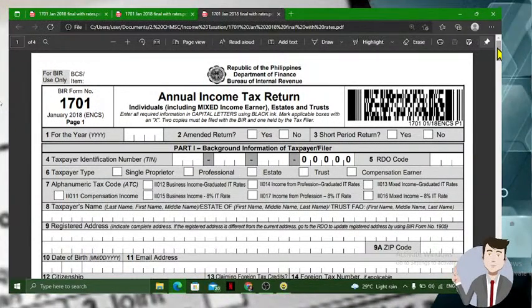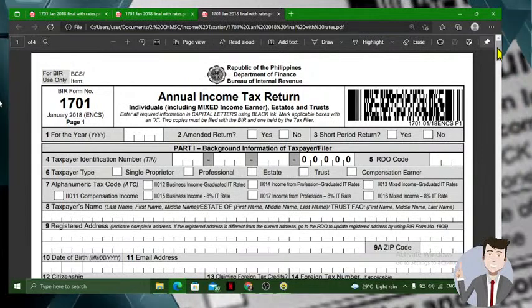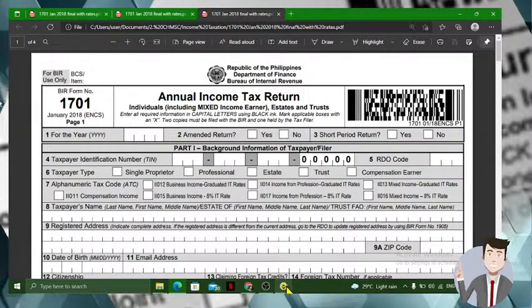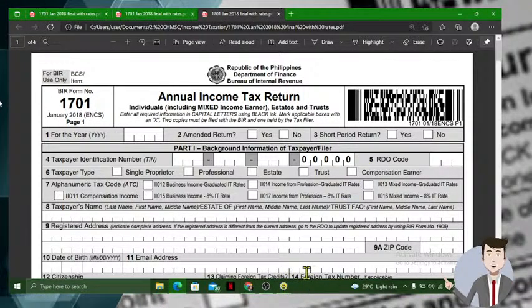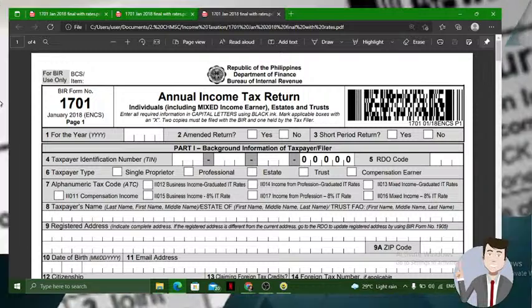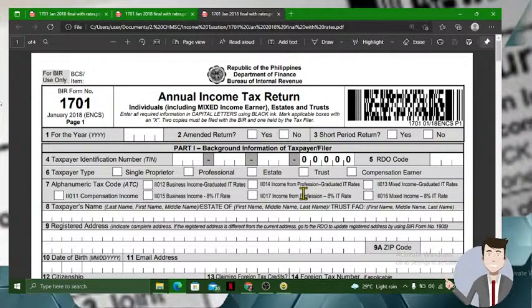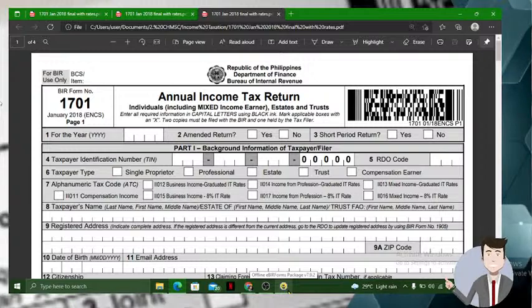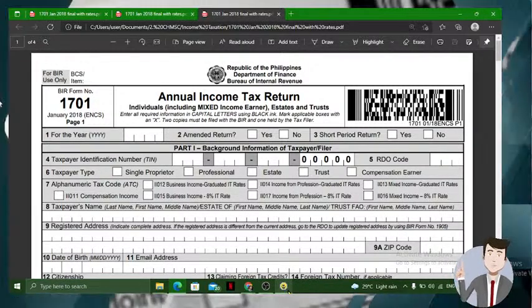So you have a soft copy or an electronic copy submitted to the BIR if you're going to use your e-package. For eFPS, automatically it will be received by the BIR through their website, and automatically your payment will be credited to your bank. So that's the difference between eBIR Forms and the e-package, or electronic BIR form.